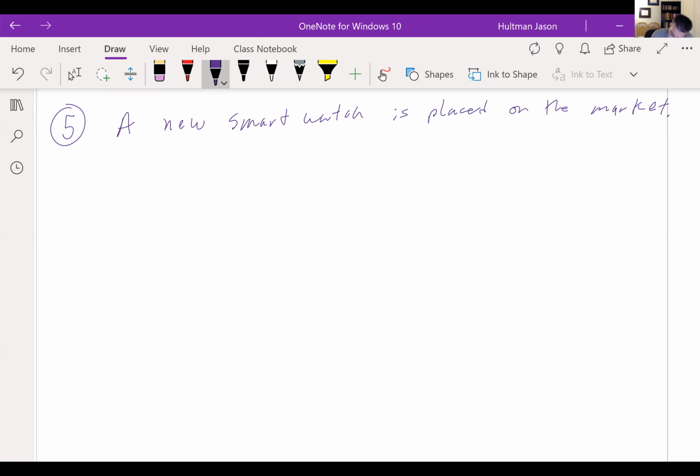Okay, its quantity sold is N units or N watches.